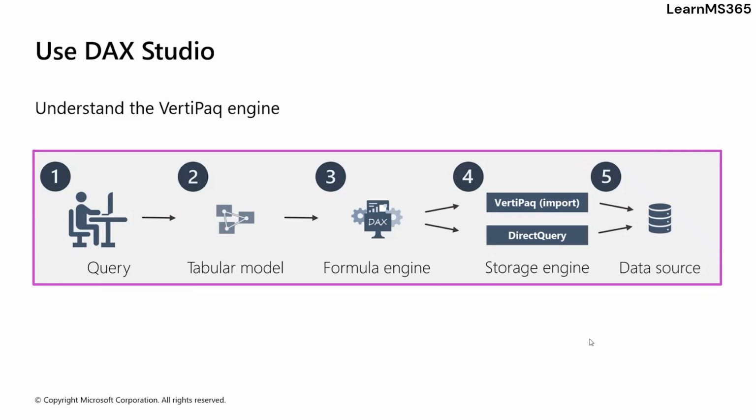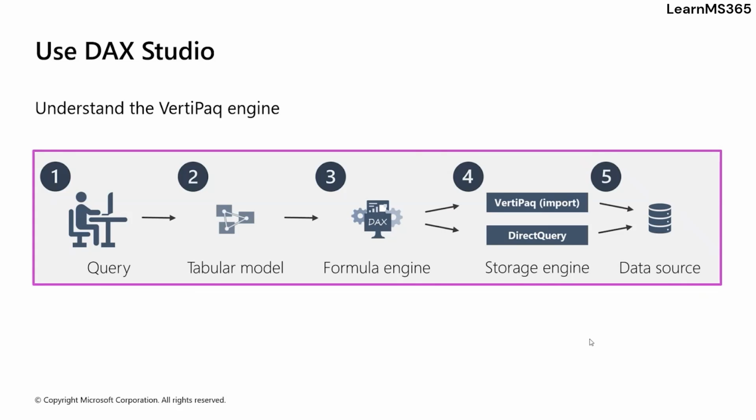So in this diagram, which is shown on the screen, the DAX query is sent to the tabular model in steps 1 and 2. The request is then processed by the formula engine and sent to the storage engine, which is represented by step 3.